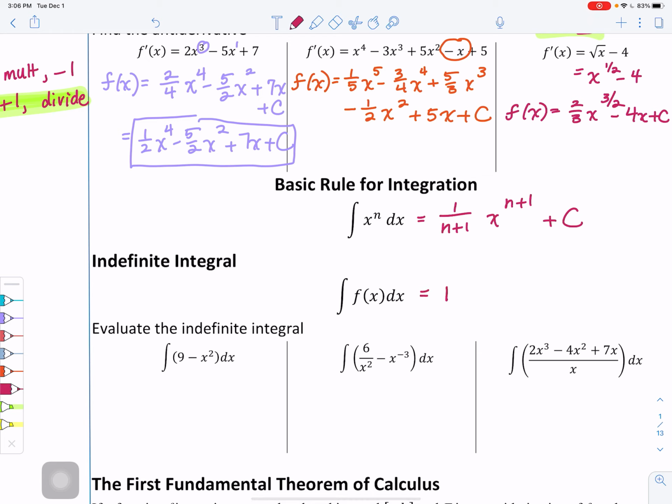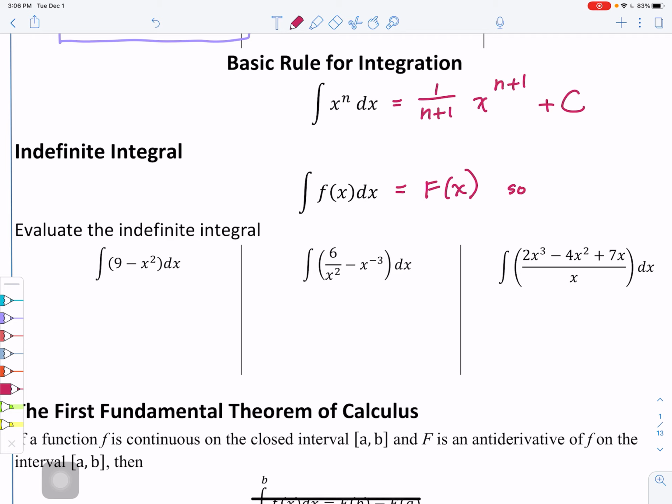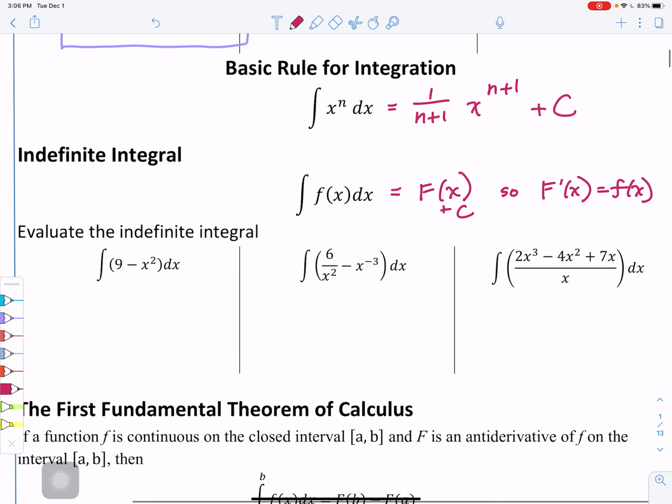And really what they're saying is that if you take the derivative of this function, you will actually get f of x. To me, some of this can be quite confusing. And of course, we want to put plus c there. But sometimes that can be a little tough. So let's go ahead and do some practicing and see what we get.